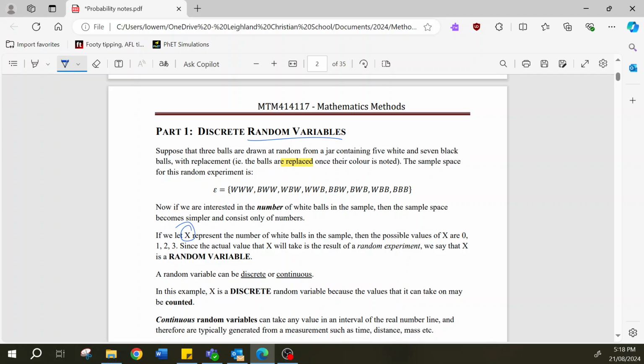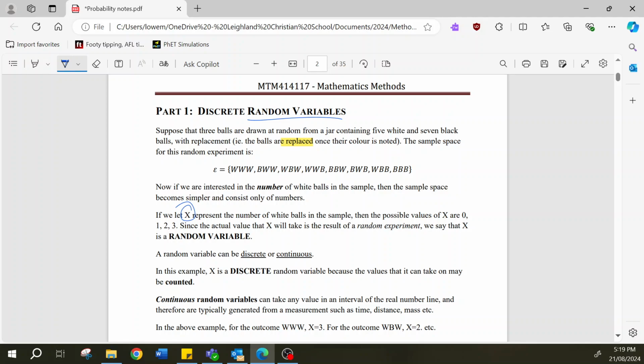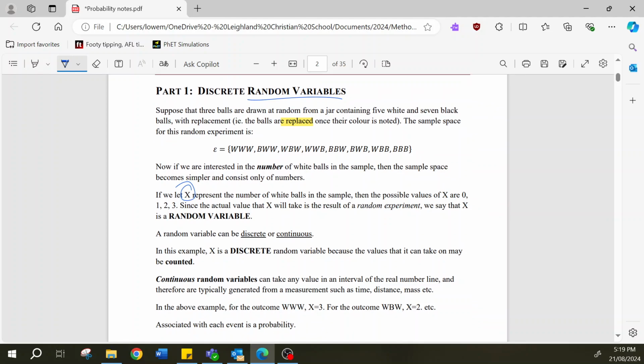Discrete numbers are like counting numbers, and usually are whole numbers, compared to continuous random variables. They can take on a value within an interval of the real number line, and so what that means is that they're typically generated from a measurement, say time or distance, mass, etc.